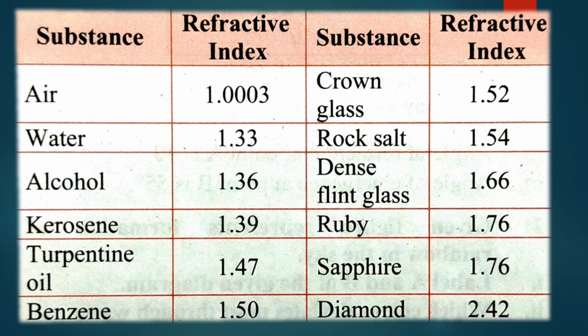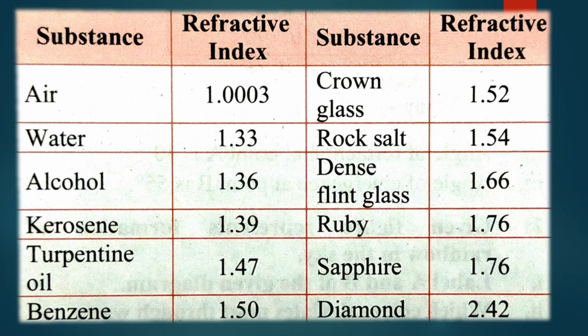Air has a refractive index close to 1 because light travels almost at the same speed as in vacuum. Water slows light down more than air, that is n = 1.33. Materials like diamond have a very high refractive index, 2.42, meaning light travels much slower inside diamond compared to air or water.